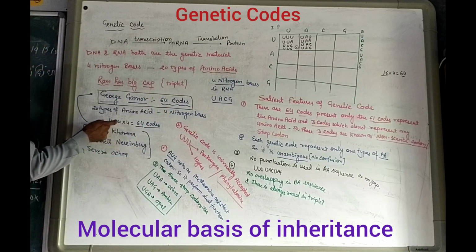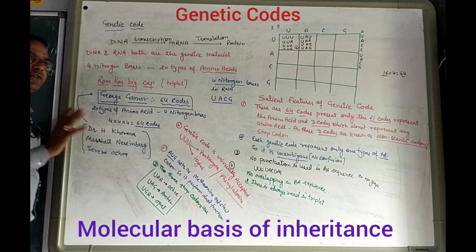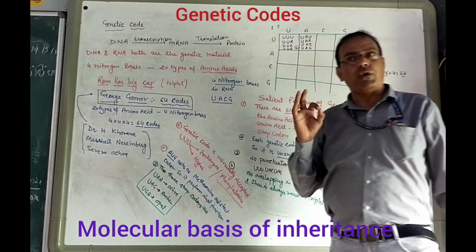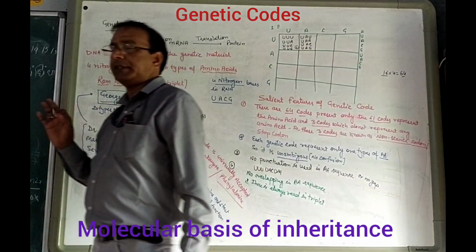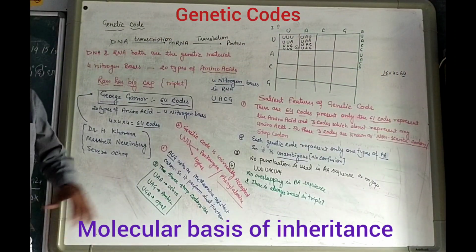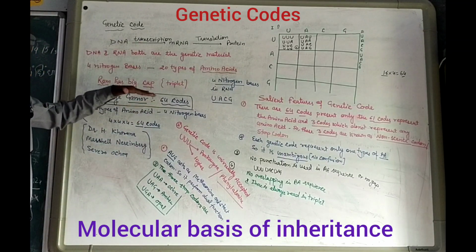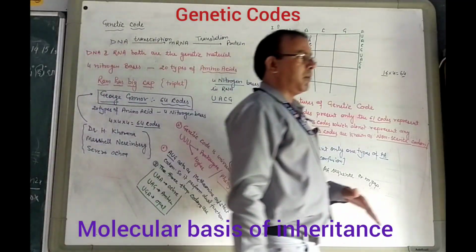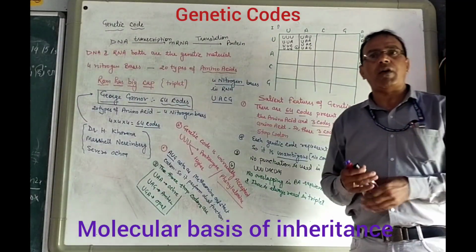The permutation combination is 4 into 4 into 4, that is 64. So he showed that there are 64 total codes, which represent 20 types of amino acid. This discovery was supported by 3 more scientists, Dr. Hargobind Khorana, Marshall Nirenberg and Severo Ochoa.